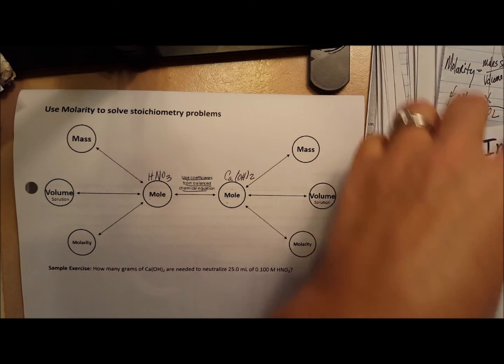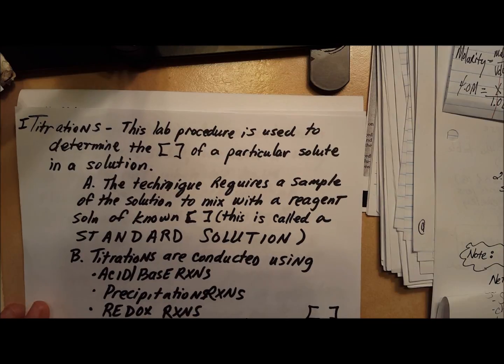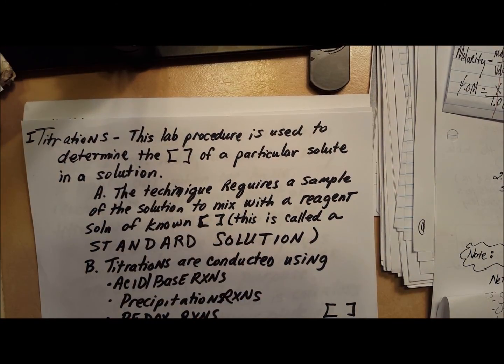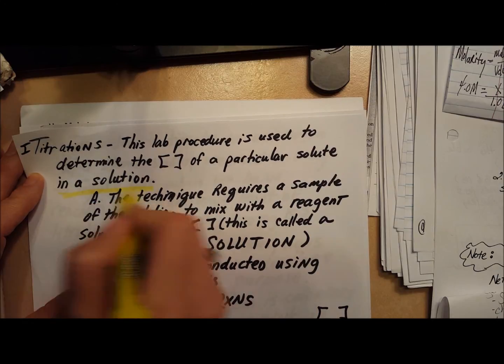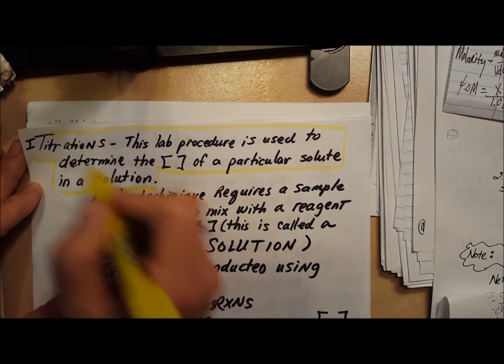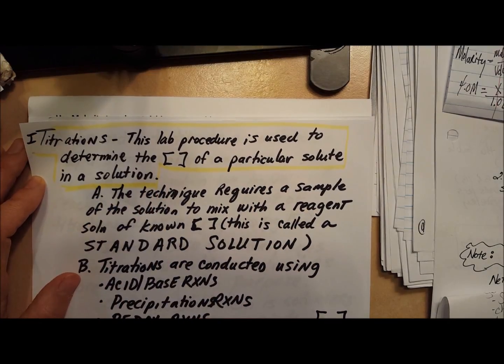Now we're going to talk about titrations. Titrations, this lab procedure is used to determine the concentration of a particular solute in a solution. So here is why we do titrations, because we're trying to find the concentration of a particular solute in a solution.